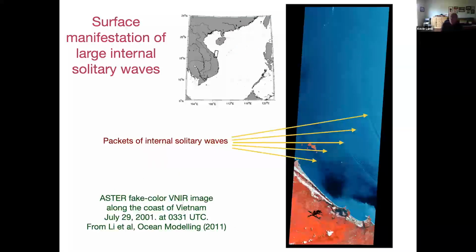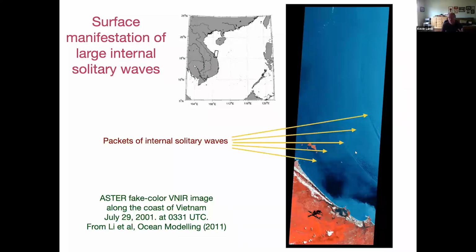You can see the surface manifestations of these waves in satellite images or space shuttle photographs. So here is an example off the coast of Vietnam. So you can see these bands on the surface of the ocean, right? And these are the surface manifestations of large internal solitary waves.